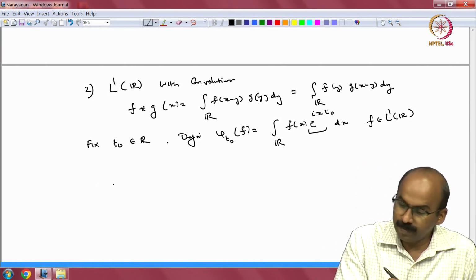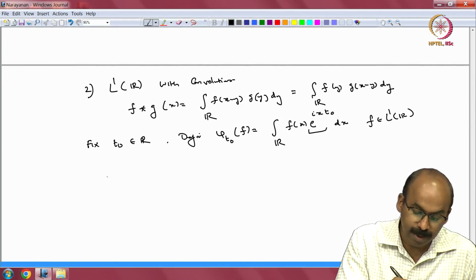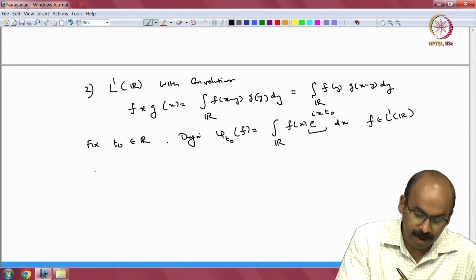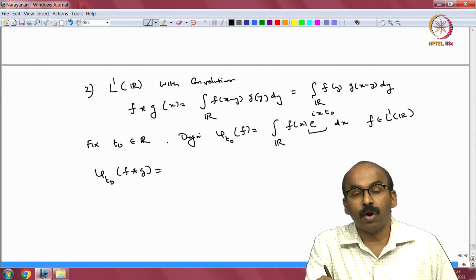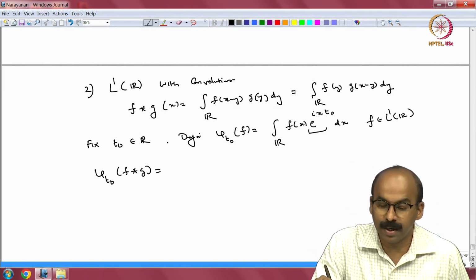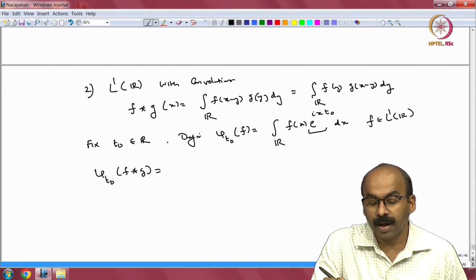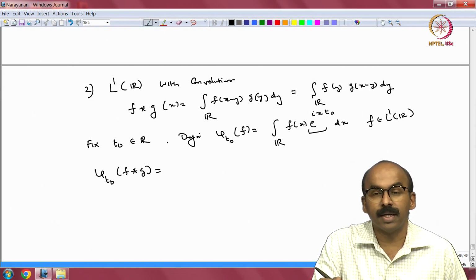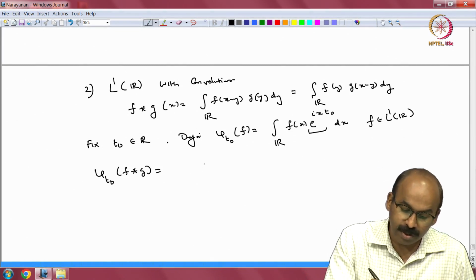Now, if you look at the convolution, this is a simple exercise, but let me give you one step. Phi t naught of f star g, I want it to be phi t naught of f times phi t naught of g. That is the integral over R of f times e to the i x t naught, and similarly for g. What is the definition of f star g?